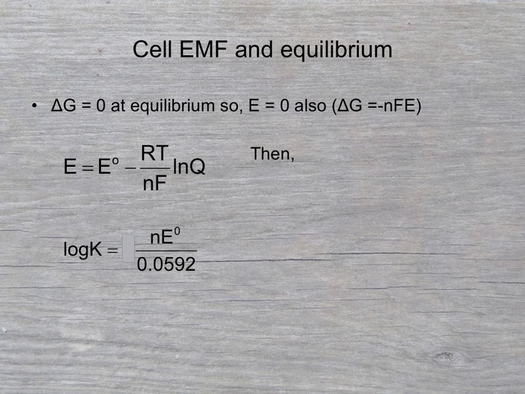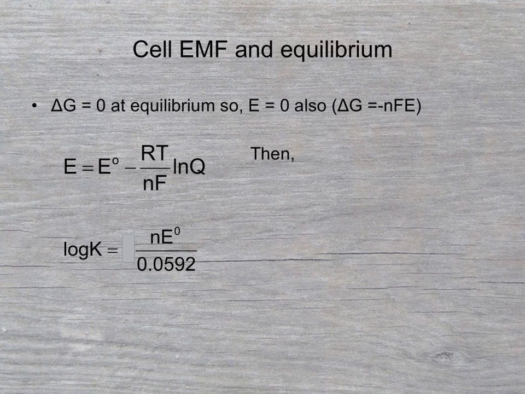When you're dealing with Q versus K, Q is the initial conditions and K is at equilibrium. So we can alter this equation, and we're going to say delta G is 0 at equilibrium, so E is 0 also. If you look at delta G equals negative NFE, the delta G would be 0, and so that product would also be 0. So you are able to take the Nernst equation and modify it.